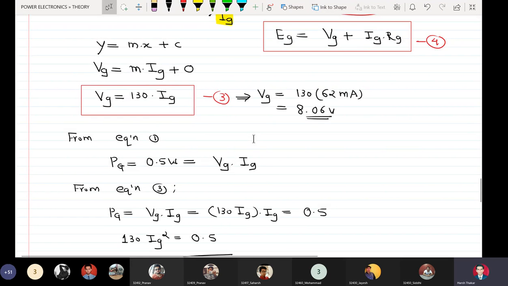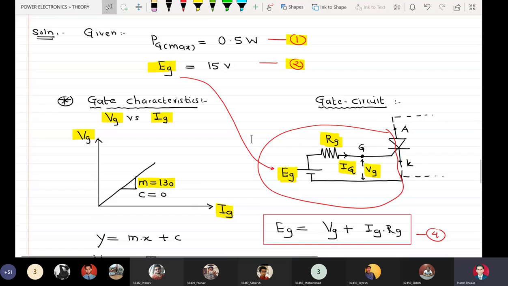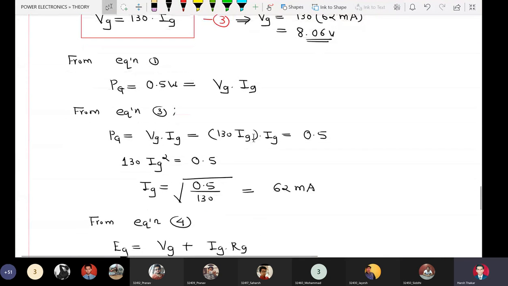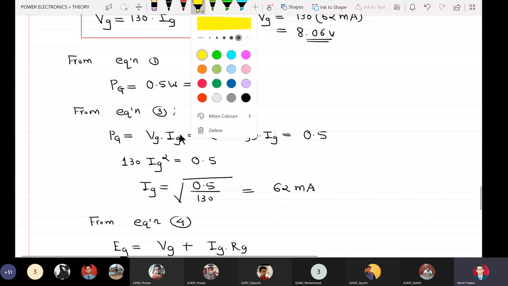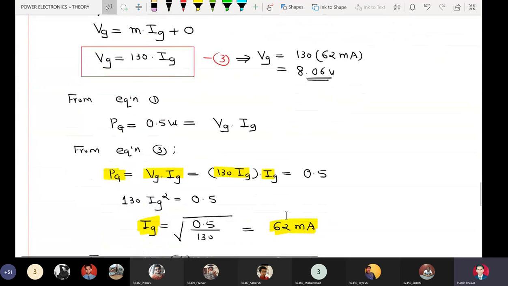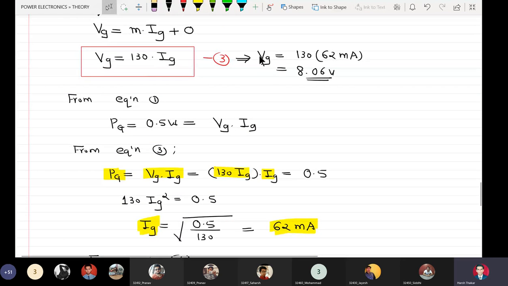And here by using the value of gate dissipation and the relationship that gate power Pg is equal to Vg into Ig, and substituting Vg equal to 130 Ig here, I get Ig equal to 62 milliamperes. Then I put this value of 62 milliamperes into equation number 3, and I get Vg equal to 130, the slope, into 62 milliamperes, which is equal to 8.06 volts.